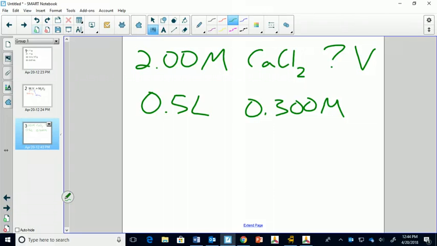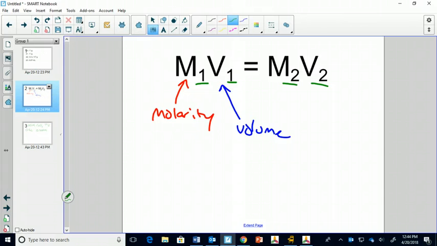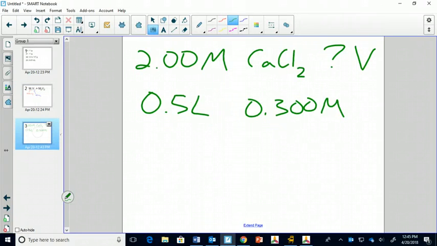Does it matter which ones you assign as 1s and which ones you assign as 2s? It doesn't. Usually whatever they give you 2 of, I'll put as 1s. In the example problem, they put the 2 that you knew as 2s. It doesn't matter, but we keep them together.